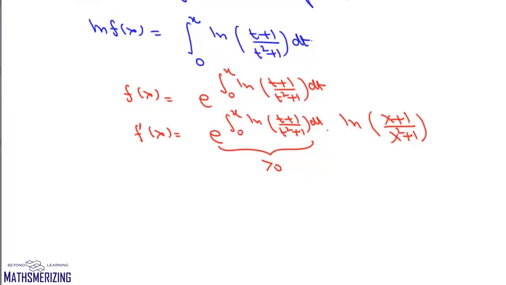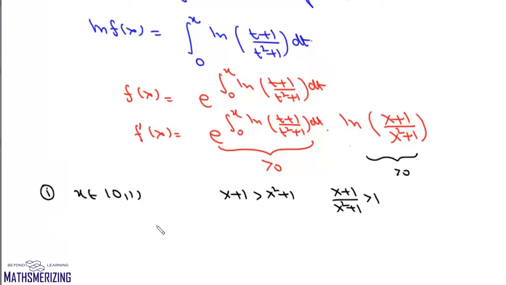Now we consider the case when x lies between 0 and 1, then x plus 1 will be greater than x square plus 1, or x plus 1 upon x square plus 1 will be greater than 1. In that case, this log will be greater than 0. Then we'll say this f dash x is greater than 0, that is f x is strictly increasing.